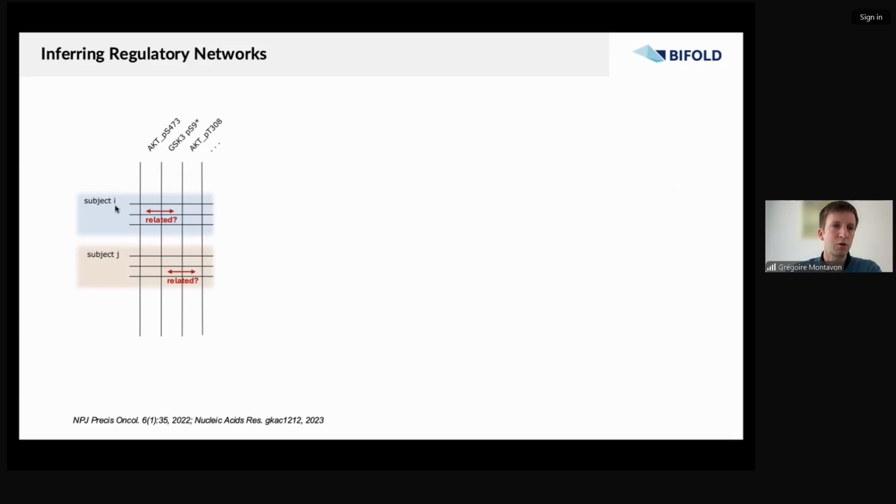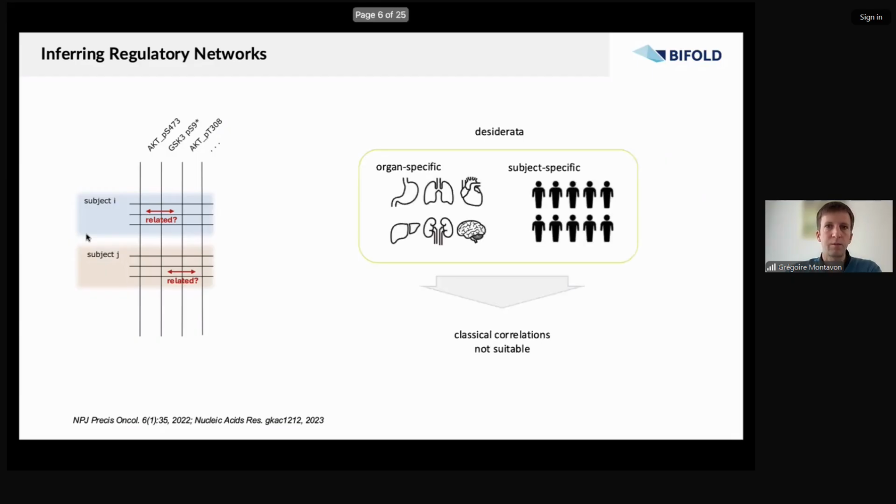What is also critical is that this study involves many different subjects, and what happens in one subject might differ from what happens in another subject. And so basically we would not like to only obtain data set wide insight about whether there is a link between two specific features, but we would also like to get something which is organ specific or subject specific.